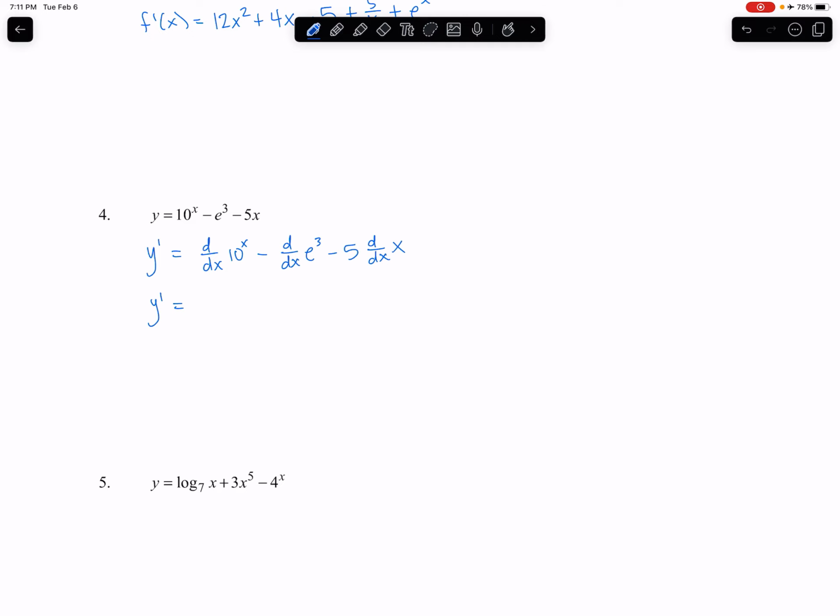So the derivative of 10 to the x, that is 10 to the x times natural log of 10, minus the derivative of e cubed, that's a number, so the derivative of a constant is 0, minus 5, the derivative of x is 1. So we've got 10 to the x natural log of 10, minus 5.